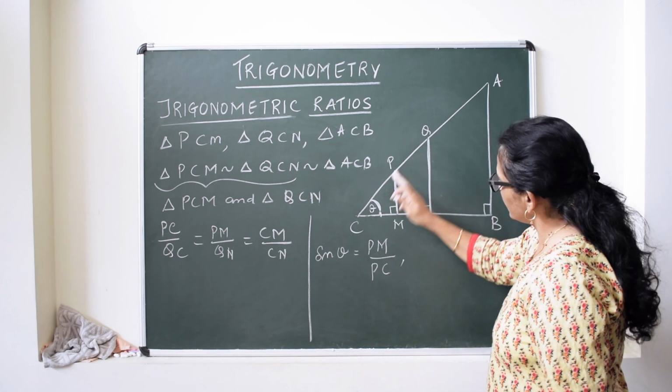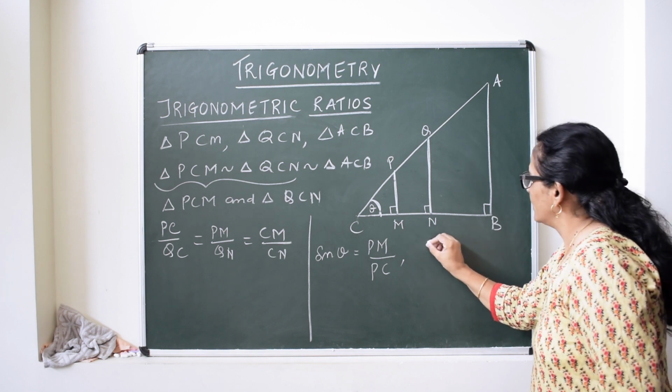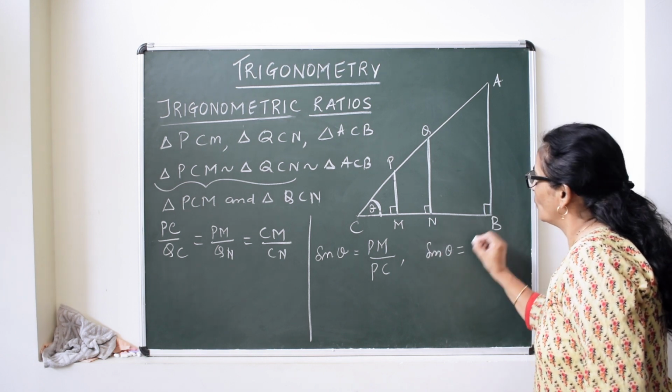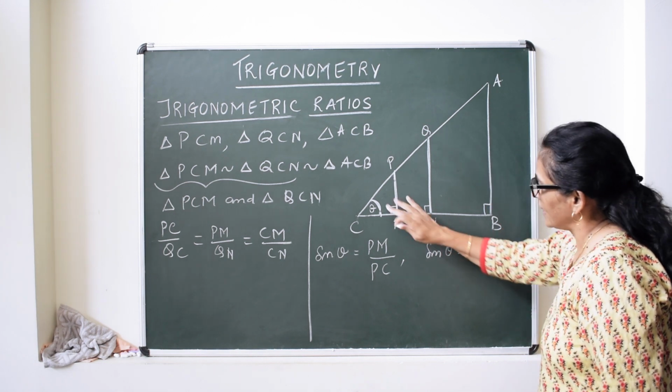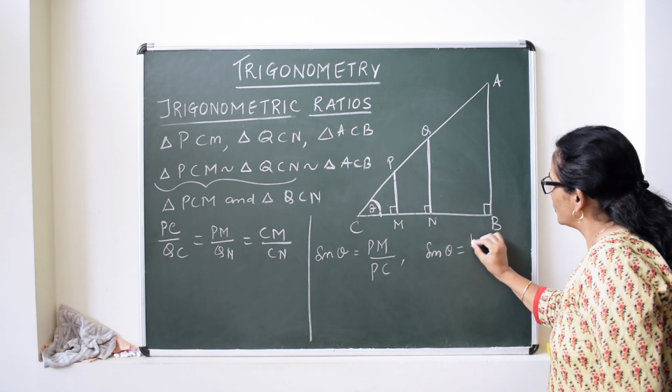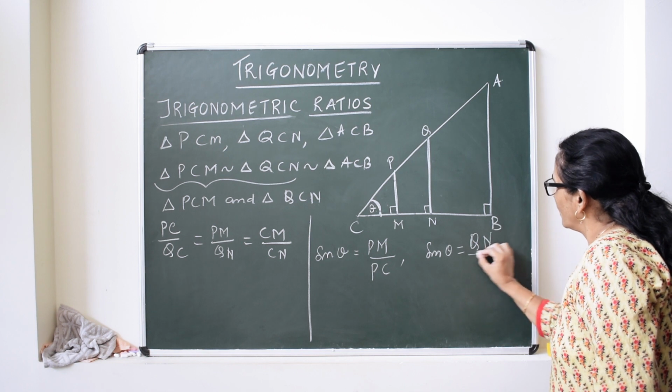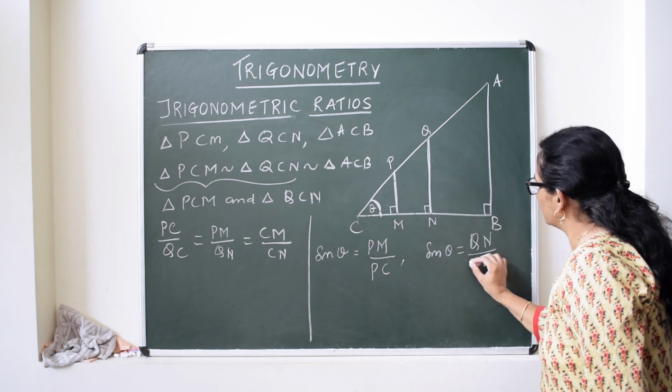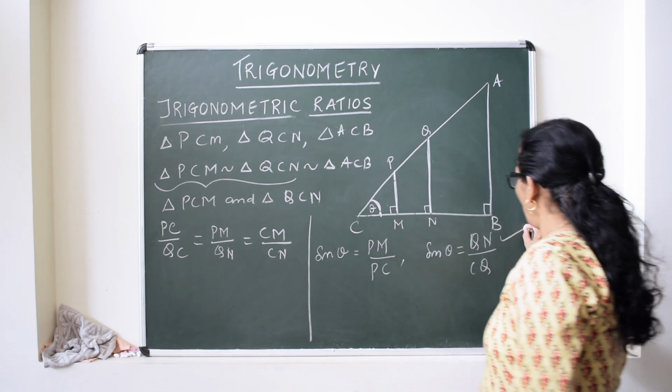And for this triangle QCN, sin theta will be, this is QN, side opposite, now forget about this. For this theta, this is side opposite. So QN upon CQ. Now observe these two.